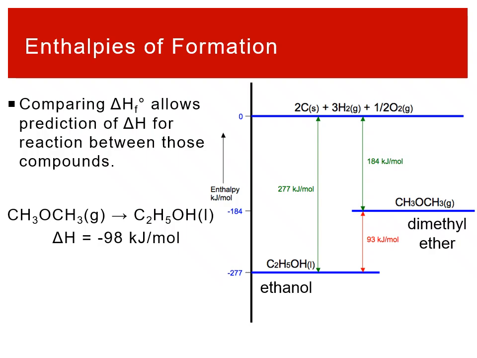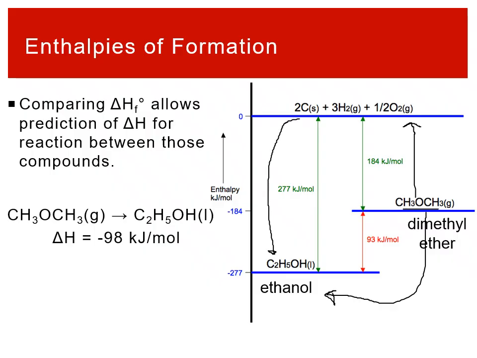What we can do is use these enthalpies of formation to think about reaction enthalpies. Again, all about state functions. So say I'm interested in the change in enthalpy of going from dimethyl ether to ethanol. That would be one reaction step. I can instead reconceive of that as, well, what happens if dimethyl ether becomes its elements? It goes backwards, undoes the formation enthalpy, and then those elements rearrange into ethanol.